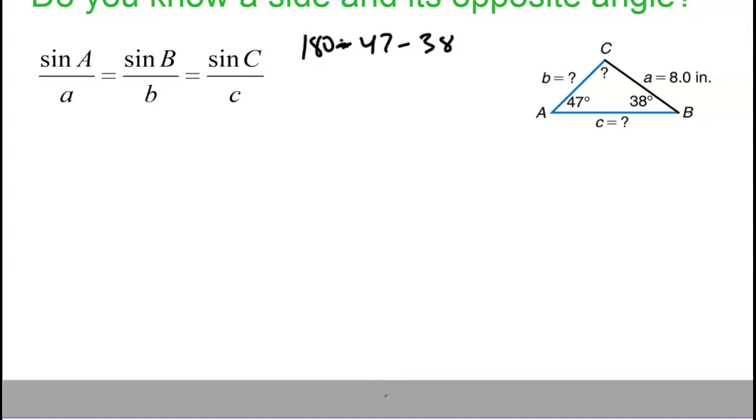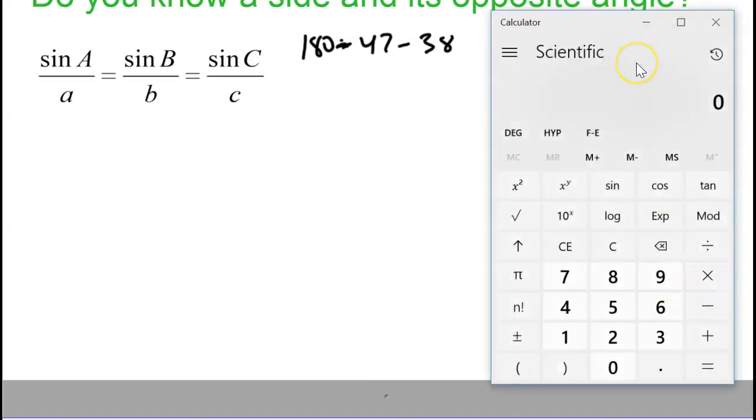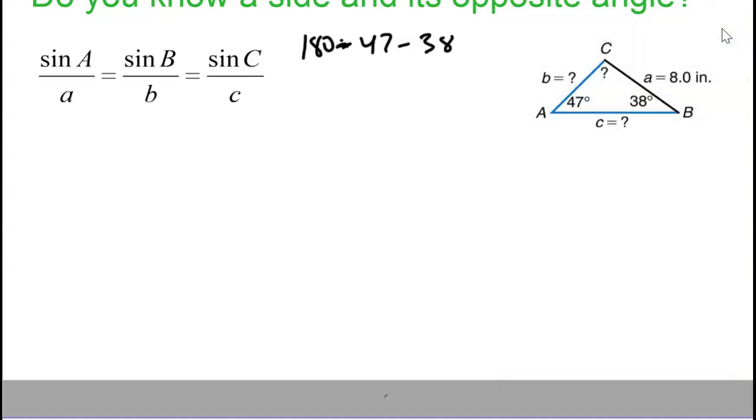By doing that, I should be able to come up with C. 180 degrees minus 47 degrees minus 38 degrees is 95 degrees. So that tells me that this is 95 degrees. Now I have a degree measure for C.